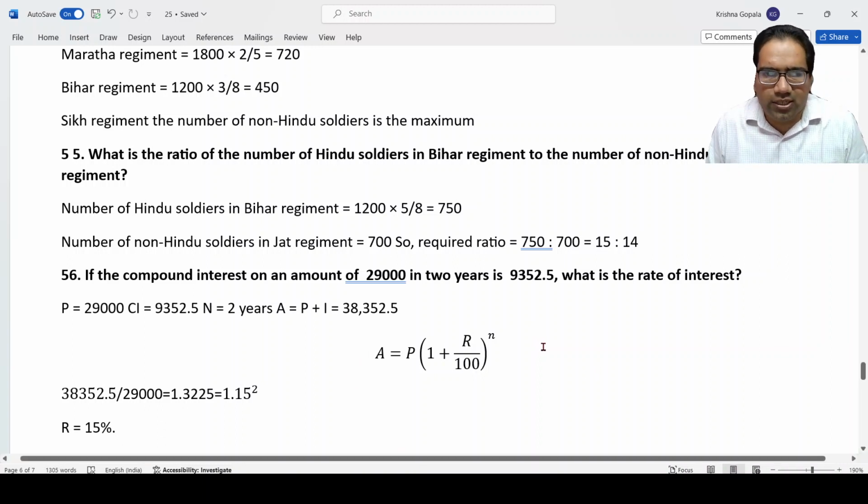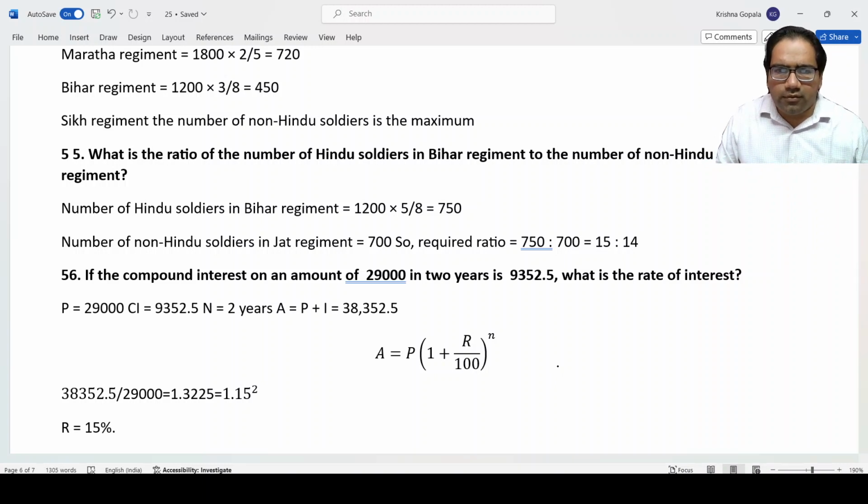If you started with 100 rupees at 10%, in the first year it is 100 into 1.1. And the second year it is 100 into 1.1 into 1.1. That is compound interest. We all know this, right? Let's say we start with 100 rupees and 10% interest rate. At the end of the first year, 100 into 1.1.